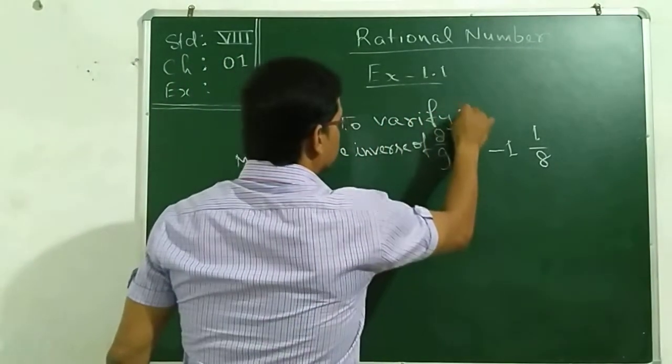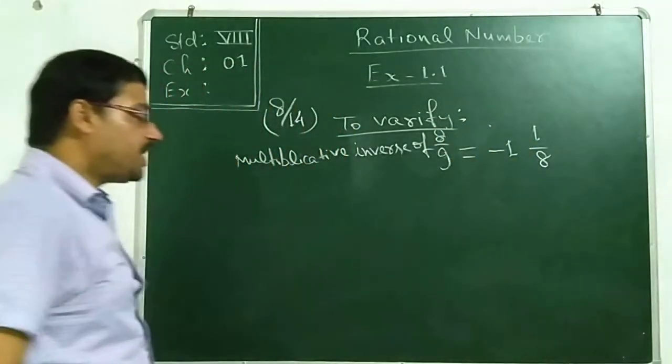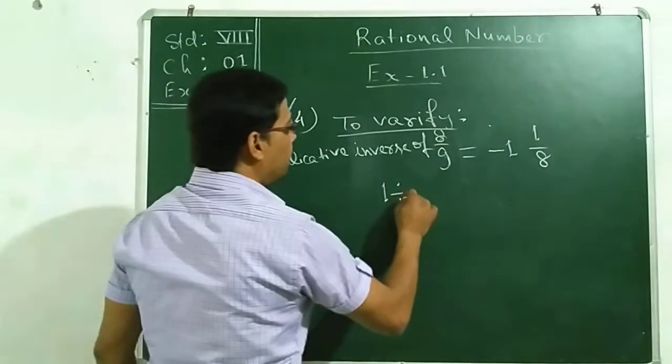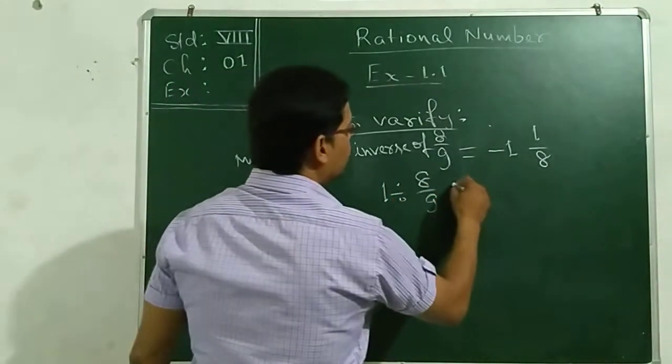What do we get? The multiplicative inverse of 8 by 9 is equal to 1 divided by 8 by 9.